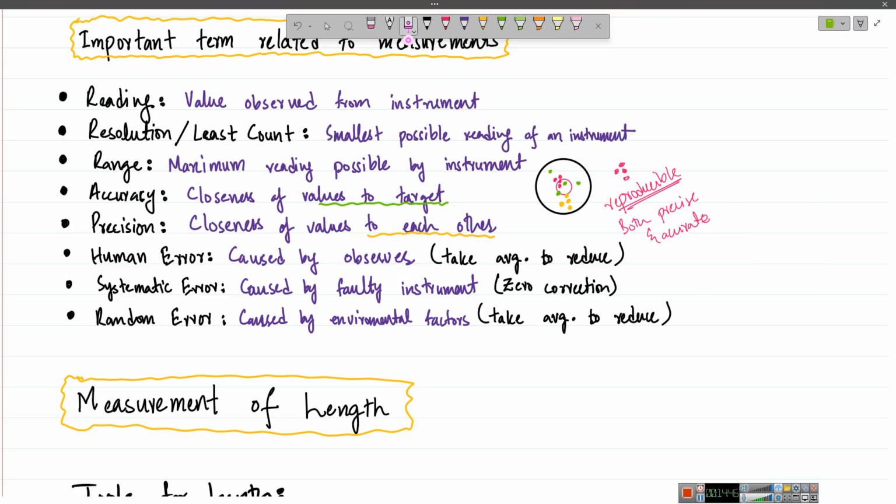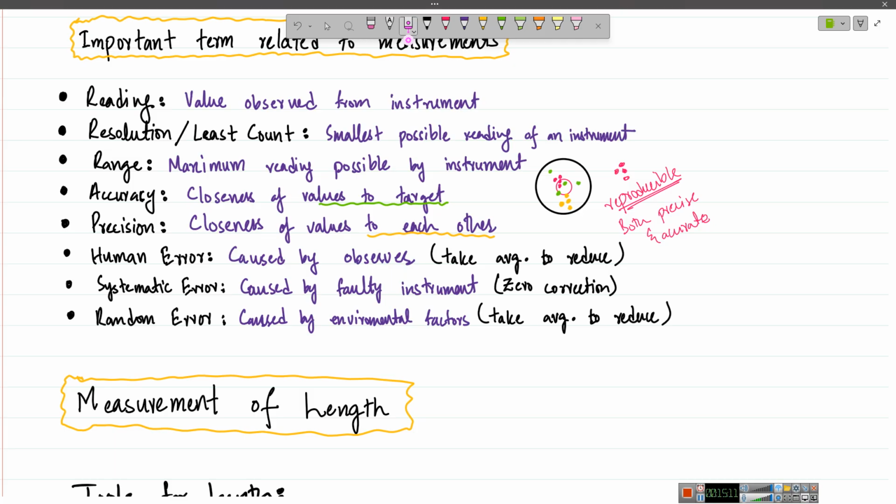The method should be altered to reduce human error, or omit it entirely, or remove human intervention from that value. Let's say if you're using a stopwatch, use light gates. Light gates automatically note the time of moving objects, so you don't have to click start and stop on the stopwatch, which might have human observation error.